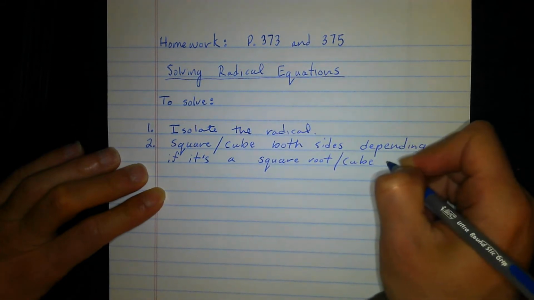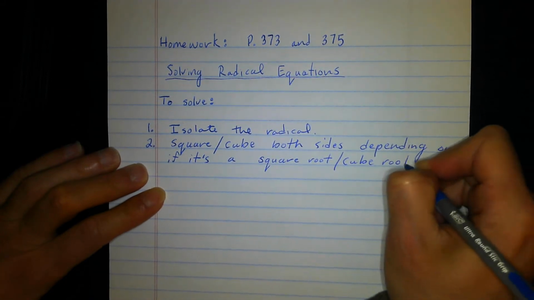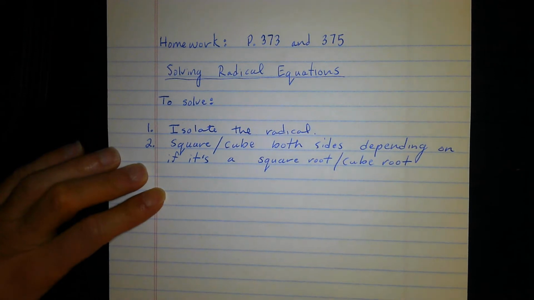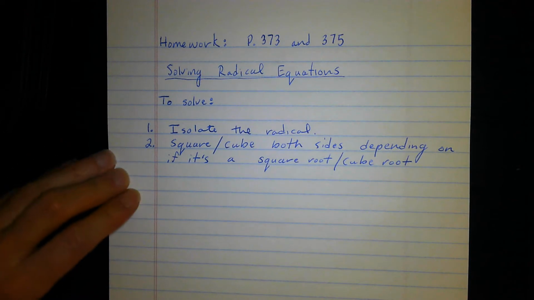Okay, so if it's a square root, then in that case we'll square both sides. And if it's a cube root, then we'll cube both sides.